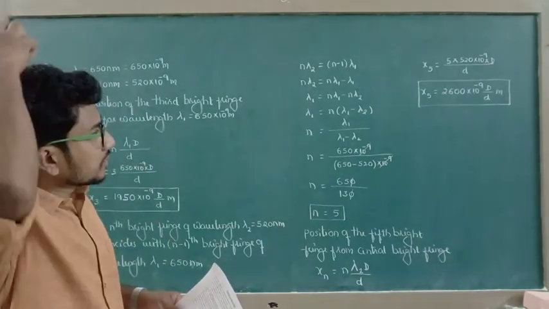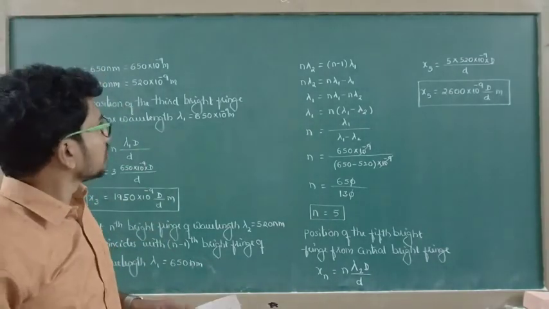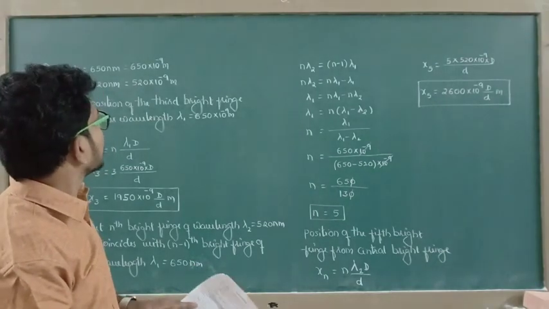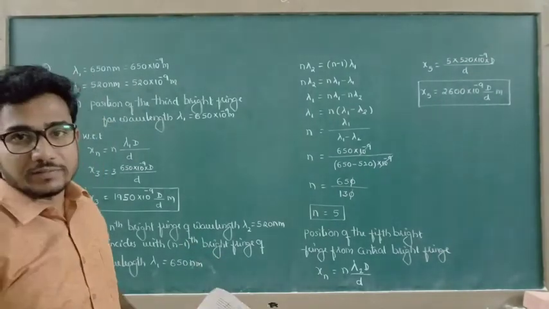So that is the position of the fringe with respect to 520 nanometer. If you are going to take 650 nanometer, then you should take n minus 1.